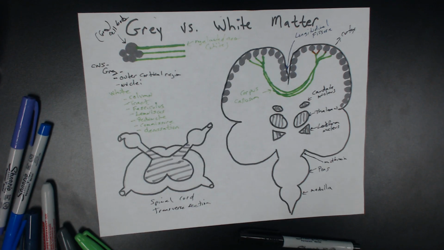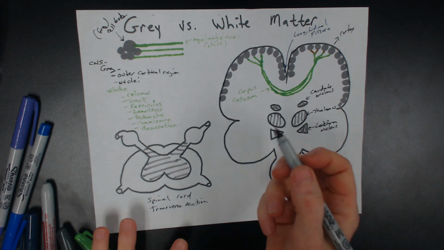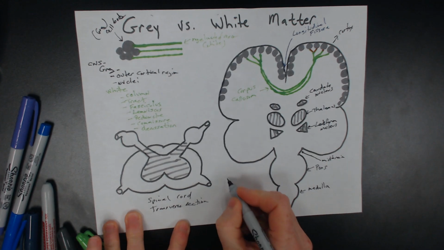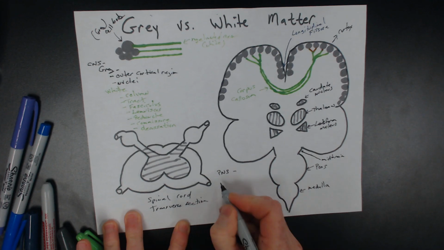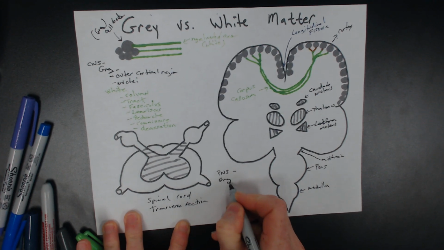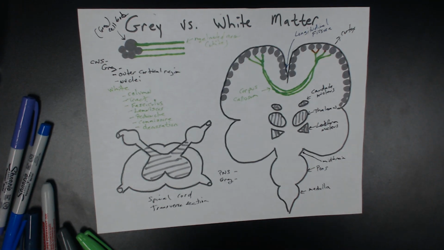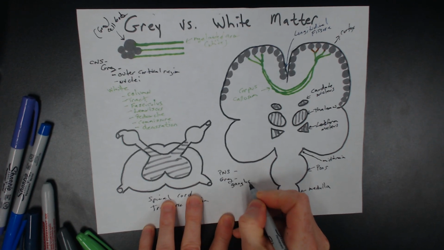Now, that's the CNS. Let's talk about the PNS. So for the PNS, it gets a little bit easier. I'll put it down here to make it clear. So as far as PNS is concerned, gray matter, if you're calling something gray matter in the PNS, it is called a ganglia, G-A-N-G-L-I-A.